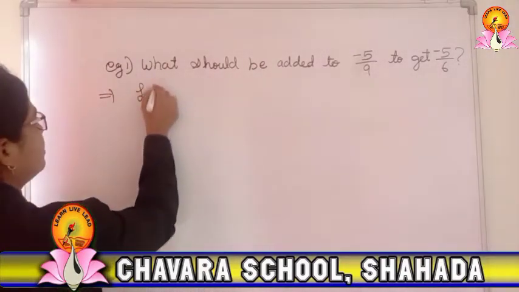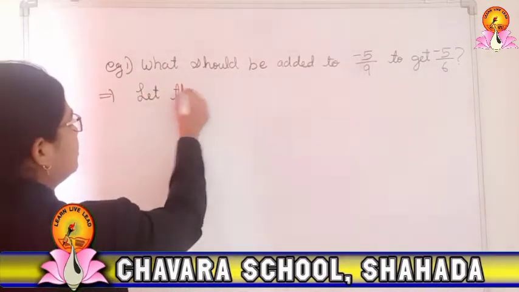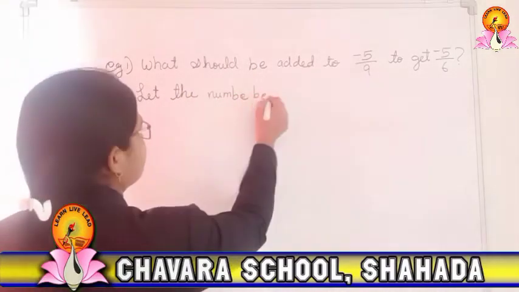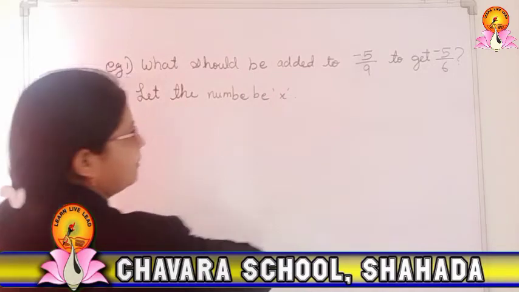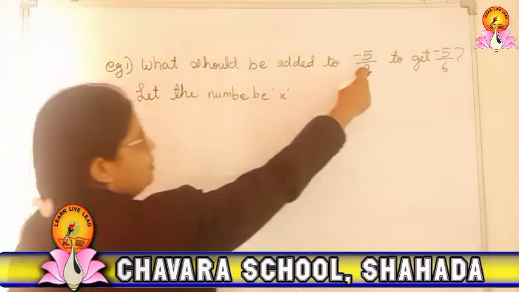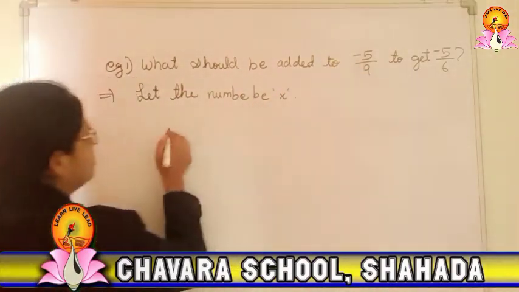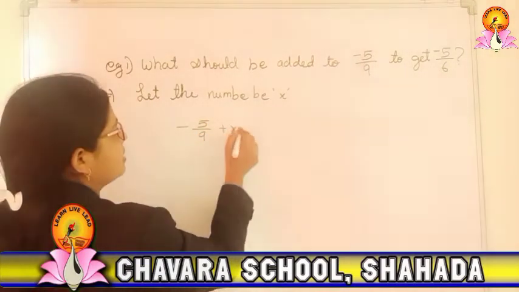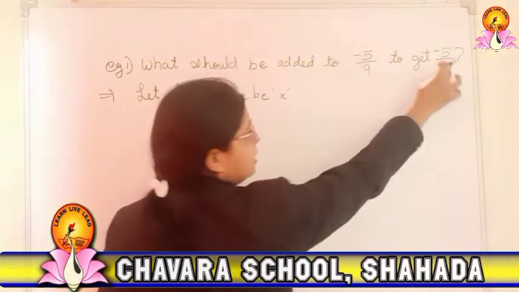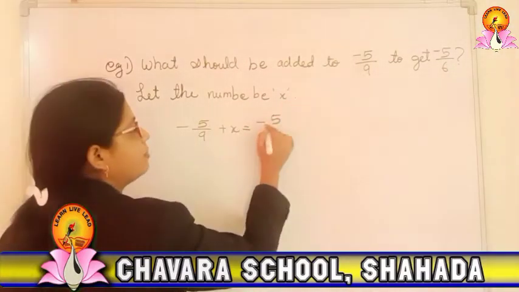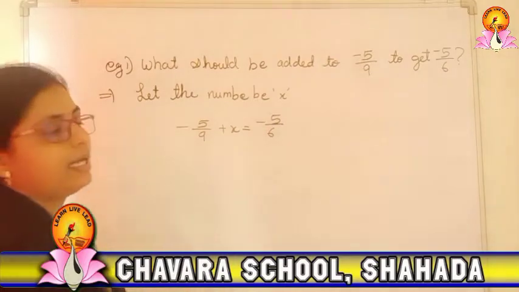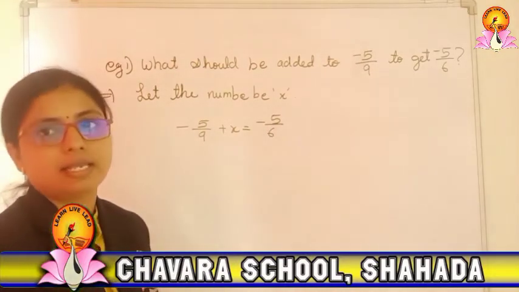Let the number be x. We will add x, so it becomes negative 5 upon 9 plus x, to get the answer negative 5 upon 6. To get this as the answer, what should be added? That I have considered as x.